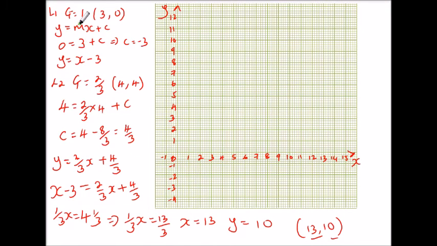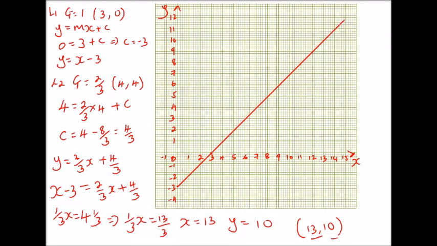The first line passes through (3, 0). So (3, 0) is this point here, and it cuts the y-axis at -3. So that's where we have our line. We can now draw this line, and it passes through those two points.